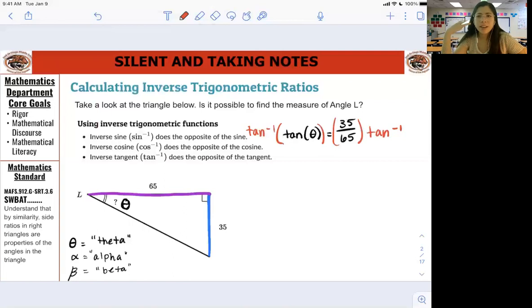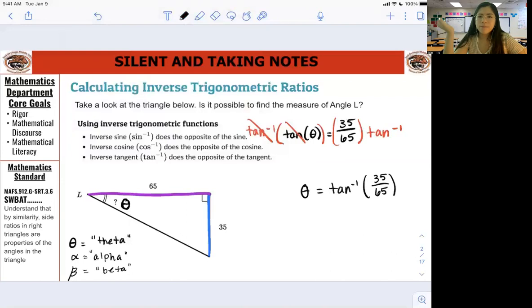Exactly, because subtraction always cancels out addition, division cancels out multiplication, and the square root cancels out your exponent. So the inverse tangent is going to cancel out the tangent. So I'm left with theta equals the inverse tangent of 35 over 65.